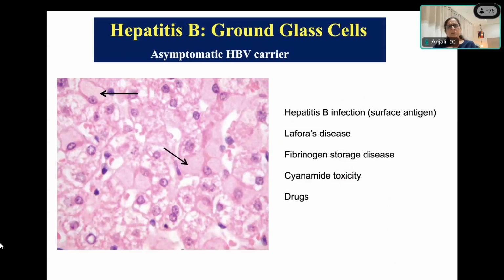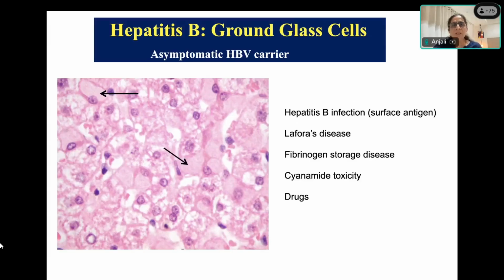So the differential diagnosis here is hepatitis B infection, Lafora's disease, fibrinogen storage, cyanamide toxicity, and various drugs, as you said. But whenever you have a biopsy and you see ground glass cells, and your clinical history is that the patient is B positive, then the diagnosis becomes straight away ground glass hepatocytes.